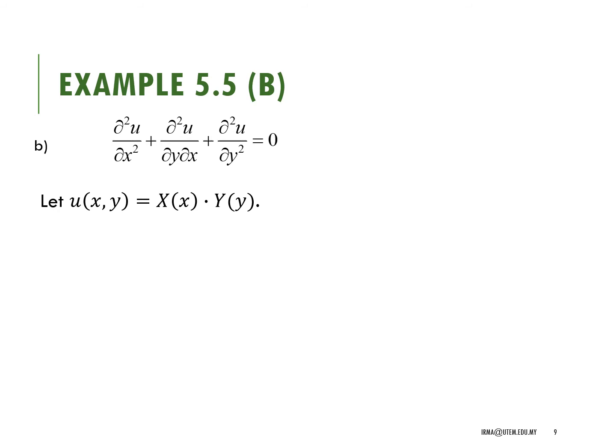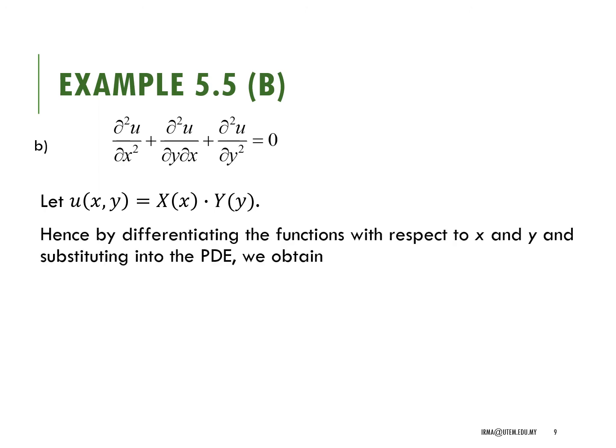We have the same equation that you need to solve, which is uxy, because we have two variables there, x and y. So uxy equal to xy. From the equation, you can rewrite it in terms of prime and double prime.